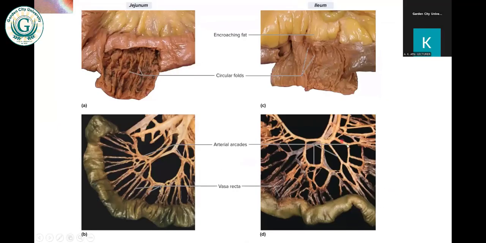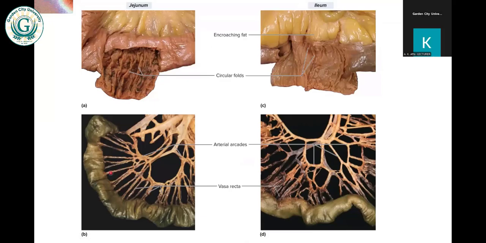Now you can see that the ileal arteries form several loops, unlike the jejunal ones. So we say that the ileum has several arterial arcades. The jejunum has fewer arterial arcades.